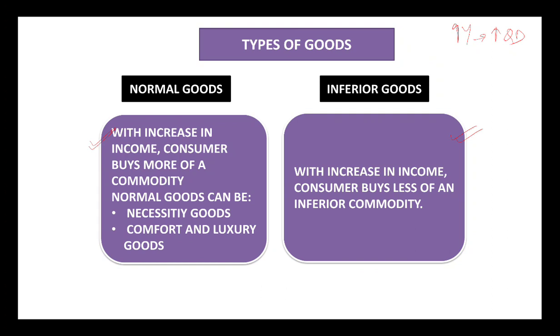So what are you doing? As your income level is increasing, you are not demanding more of that lower quality rice. You are shifting your preference to a higher quality rice, which is basmati rice. So when your income increases, you buy less of that inferior good. In that case, you will define that particular good as the inferior good.